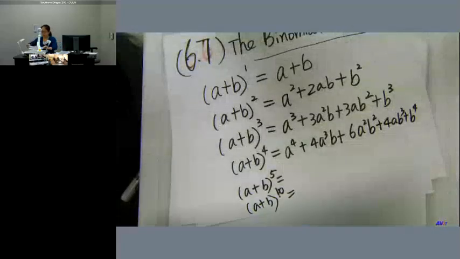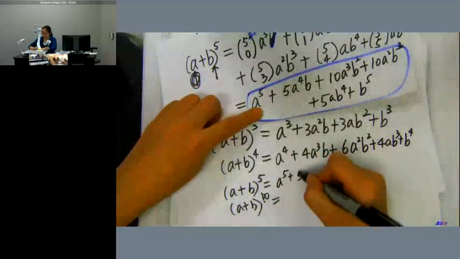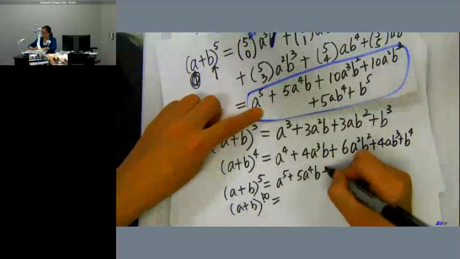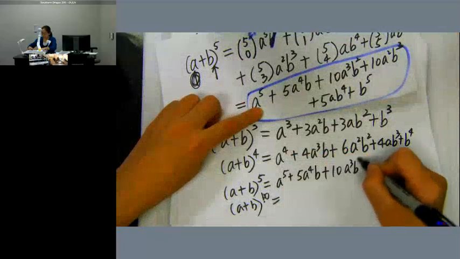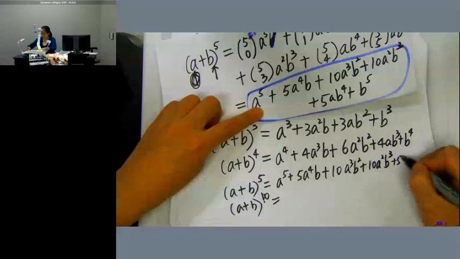And then I'm going to copy the answer for the fifth power down here. I put all of them together so you can see there's a pattern of the numbers in front of the variables. We call them coefficients. 5ab to the fourth plus a to the fifth.